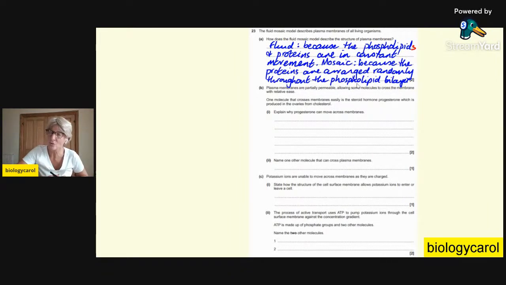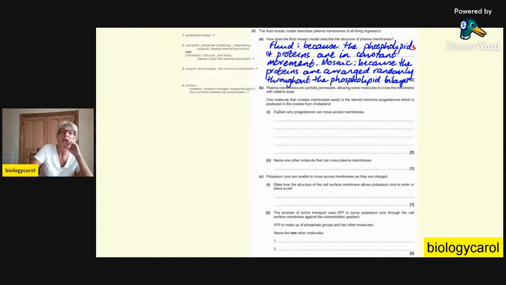And that's why it's called the fluid mosaic model. Now, I must admit, I find this term randomly really quite funny because let's face it, mosaics are generally the least random pattern that you see on a floor, aren't they? Mosaic tiles are very prescribed in where all the different colours and everything are. So I just find that a bit funny.